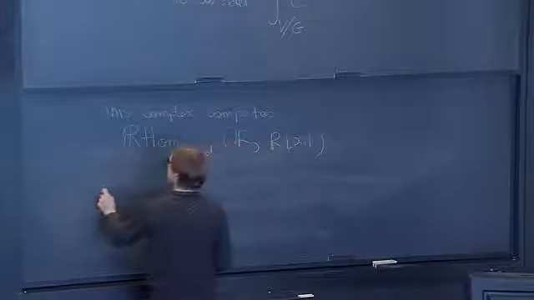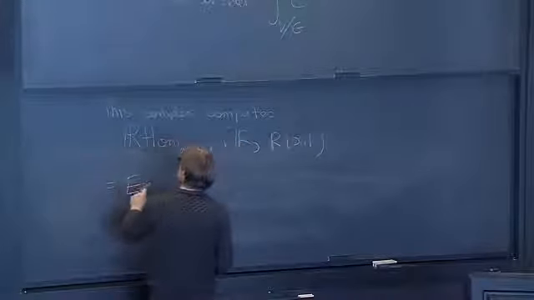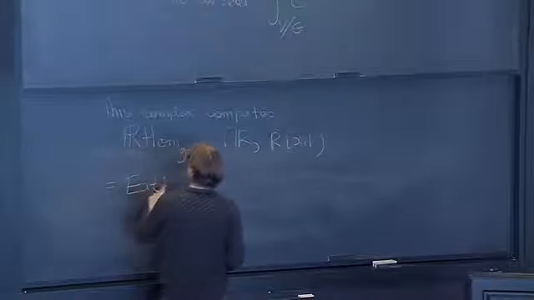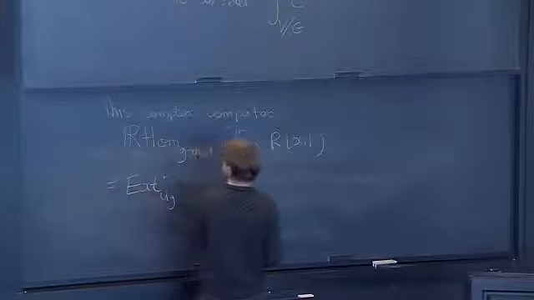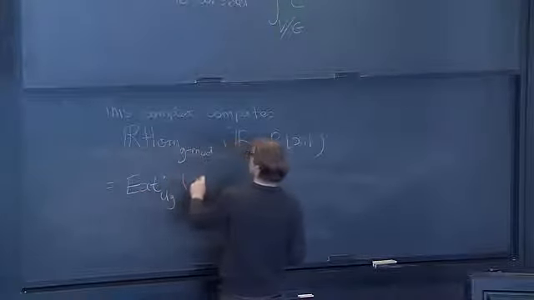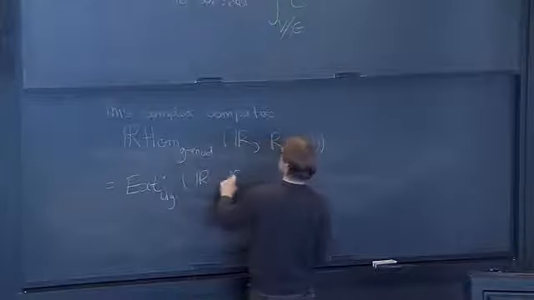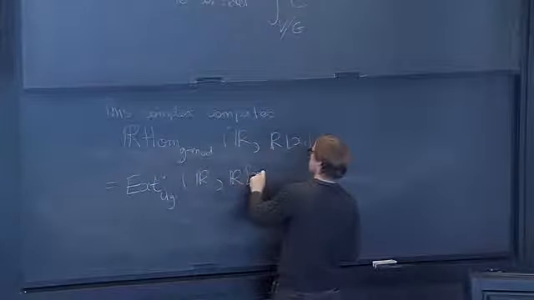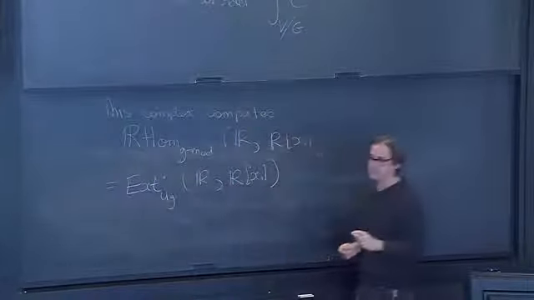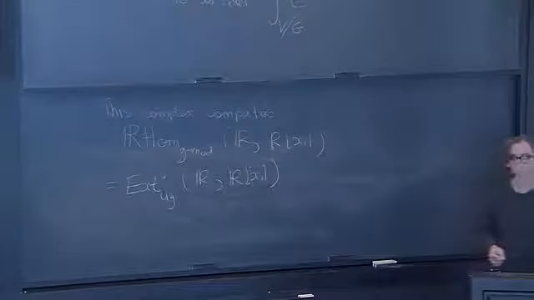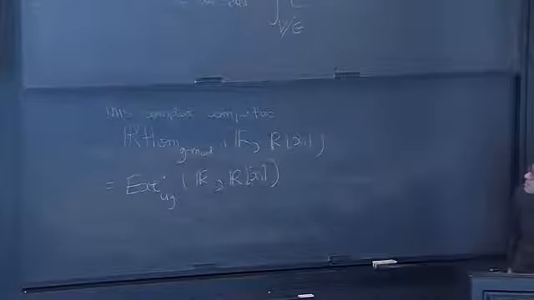And we can also write this as Ext over the universal enveloping algebra of g of the trivial representation. So this is why we should think of this as a good homological model.